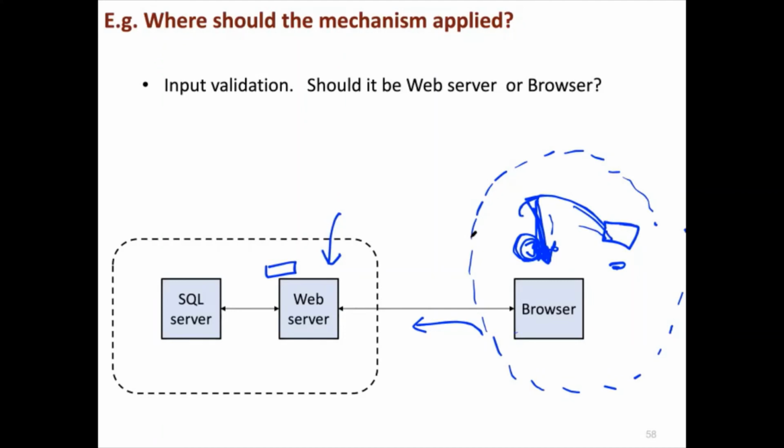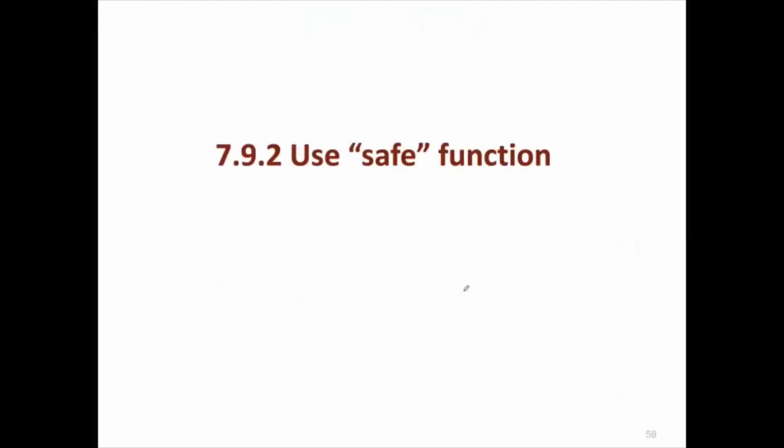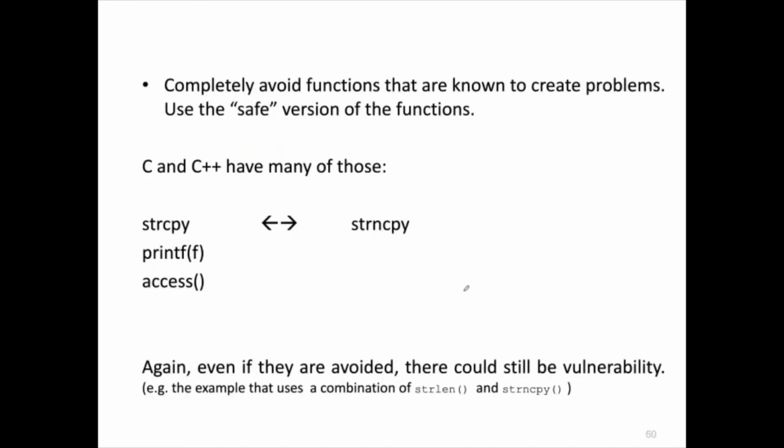One way to prevent these attacks is not to use the unsafe functions altogether. Like printf, just don't use these functions. And strcpy, don't use this. Always use strncpy instead.